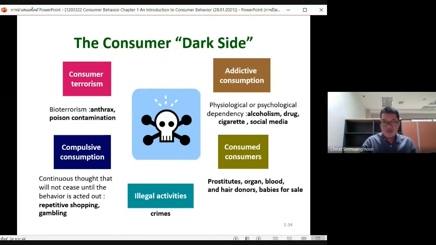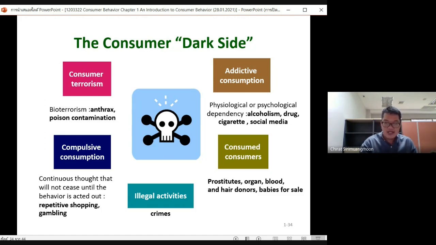So the difference between compulsive and addictive is compulsive has the character that you keep thinking about it, but addictive is just addicted. And the other thing is that compulsive is going to stop until the behavior is acted out.